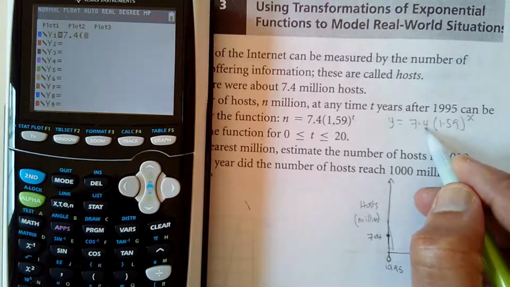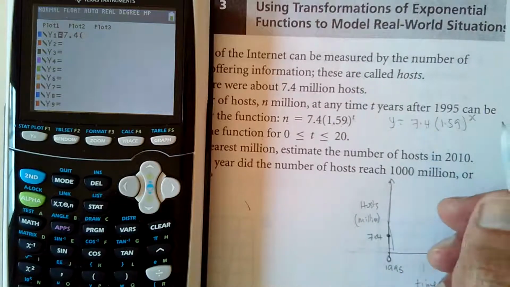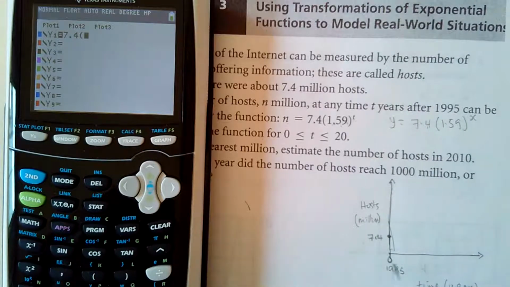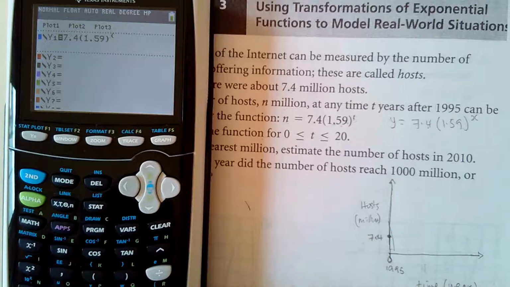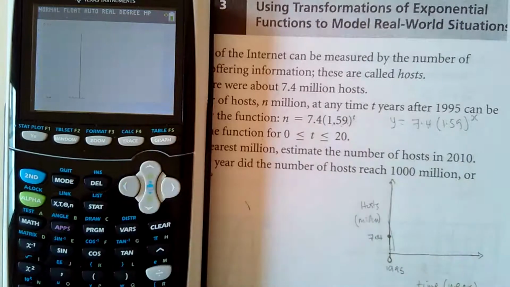So this will be the initial amount. We start with 7.4 million hosts. 1.59 to the power x, close bracket, for the graph. And now I have set up my X and Y axis.